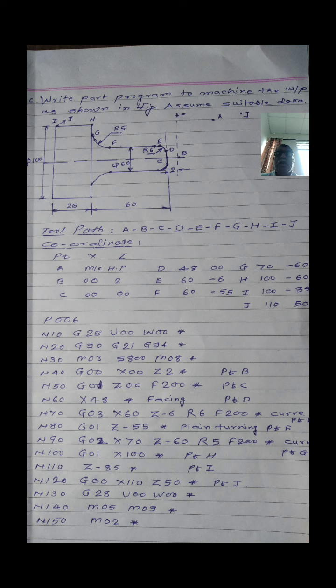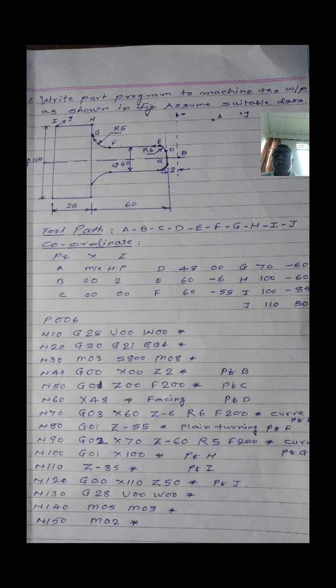In the first case, to perform the radius turning, when the tool moves from point D to E, you have to find out the tool movement. As shown in the figure, the tool movement is in the counterclockwise direction, so you have to use the code G03 to perform the radius turning.